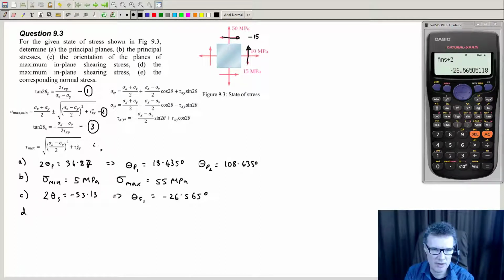So we want to find this thing here. So what I'm going to do is use equation 2. So I'll take the maximum and then I'll take away the minimum.